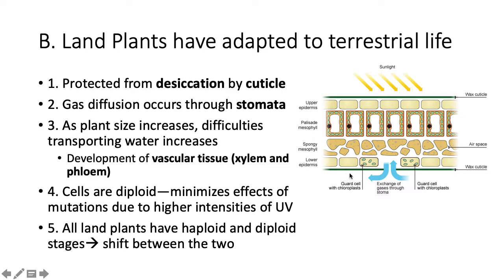So now plants have stomata, tiny openings on the underside of the leaves made up of two guard cells that open and close like mouths, and they allow gas diffusion. Another thing is, as plant size increases, you have to be able to transport water and other materials. So we'll talk about the development of a vascular system, which is composed of two types of specialized cells, xylem and phloem.